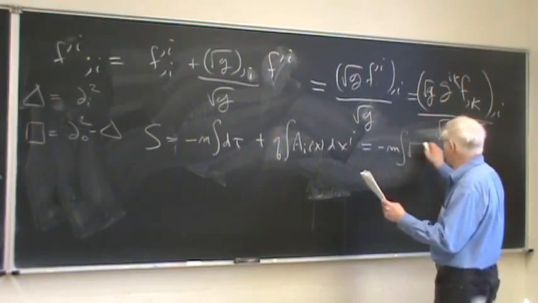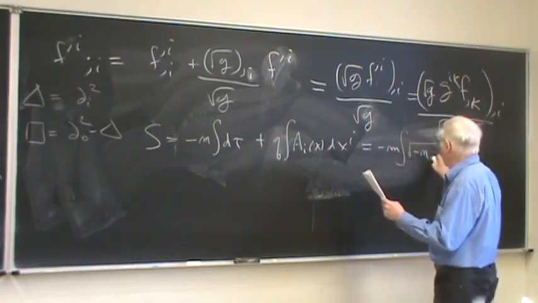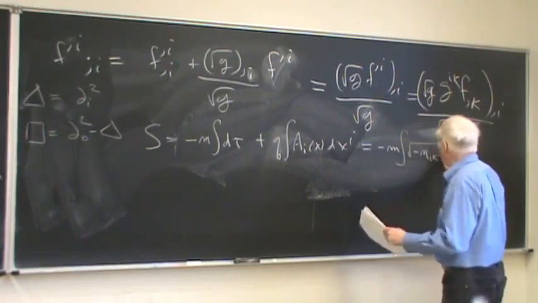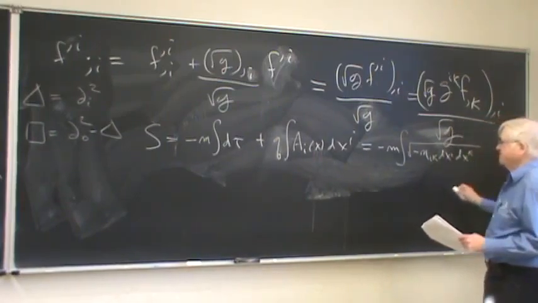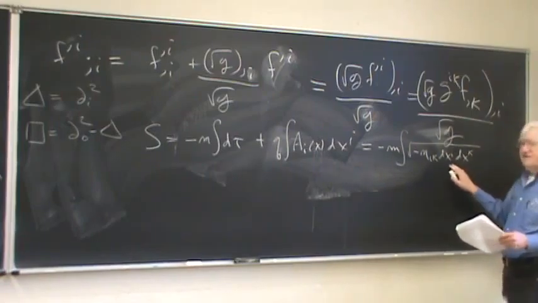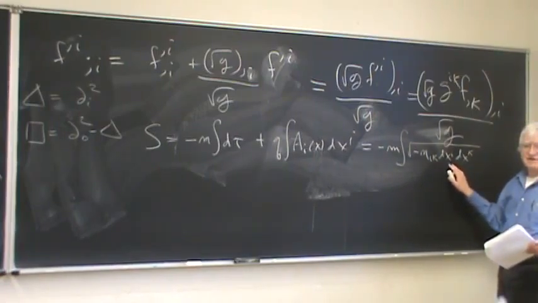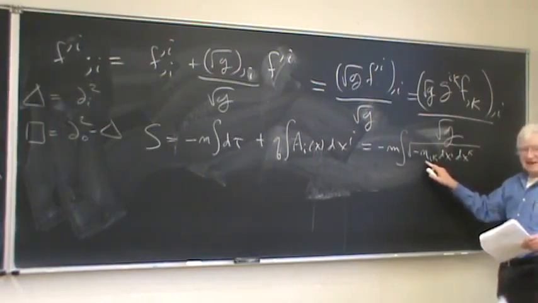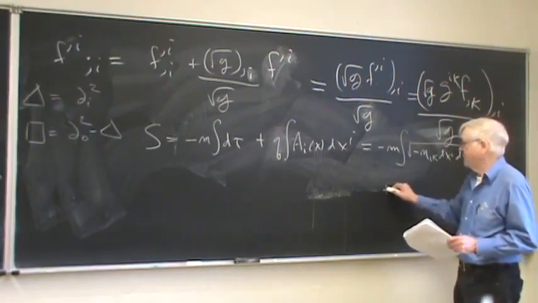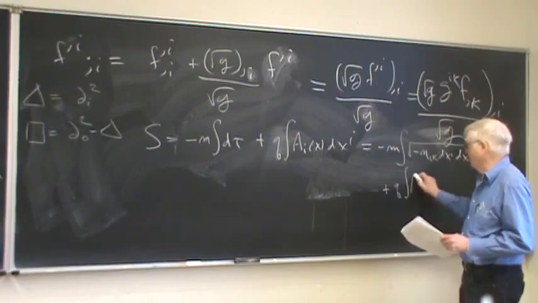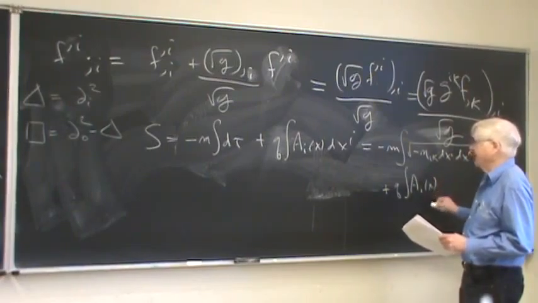Anyway, this detour is the square root of minus eta_ik dx^i dx^k. So that's the first term. This is the detour in special relativity, so I've got eta here. And then the next term is plus q, an integral A_i of x.